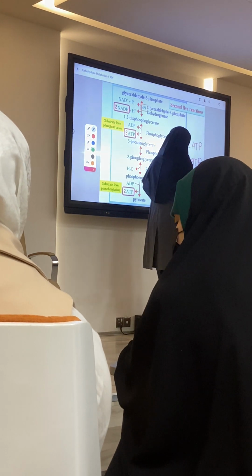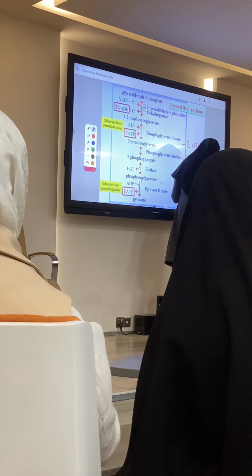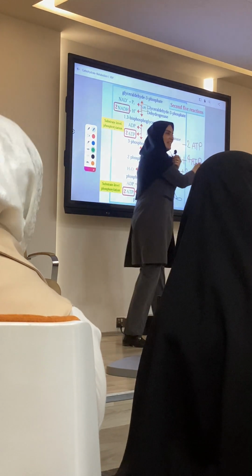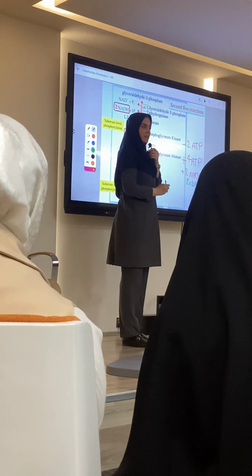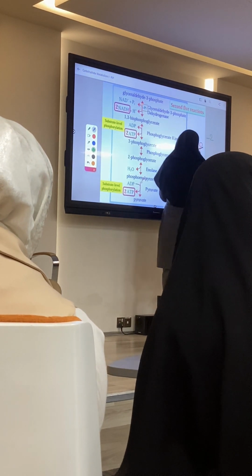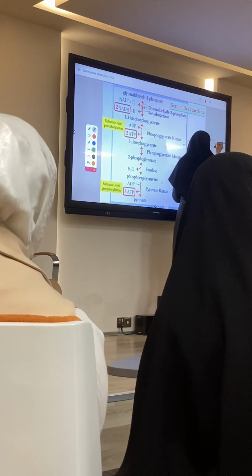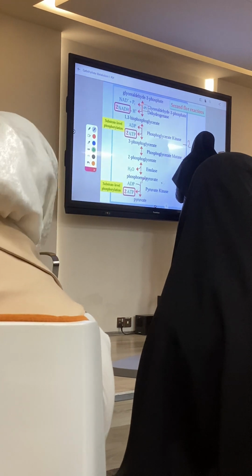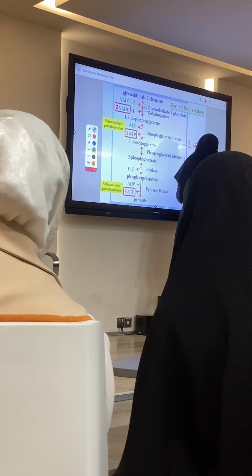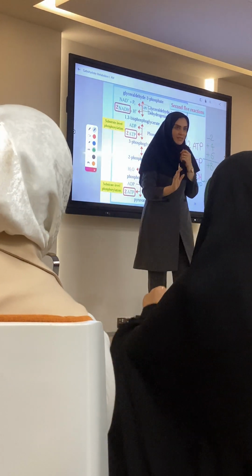How many ATP here? 4, in other words, plus 6 ATP. So what is the net production? 8. So we have it, I wrote it here: minus 2 here, plus 4 here, plus 6. What is the net? Plus 8. Do you understand?